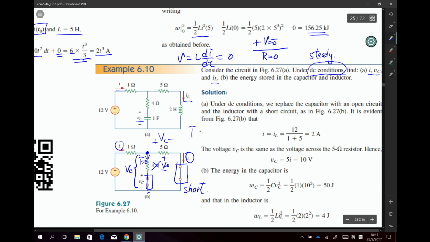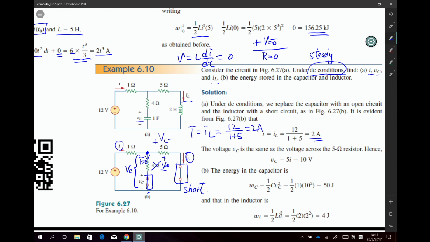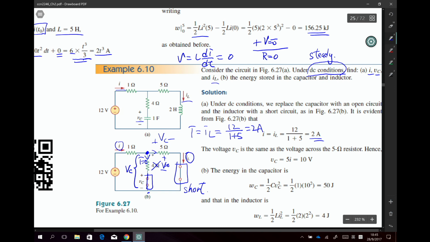Therefore, I equal to IL equal to 12 over 1 plus 5, or equal to 2 A. Using Ohm's law, you can get I and IL equal to 2 A. And now, the current passing through the 5 ohm resistance equal to 2 A. So VC equal to 5 times I, and it is equal to 10 volt.